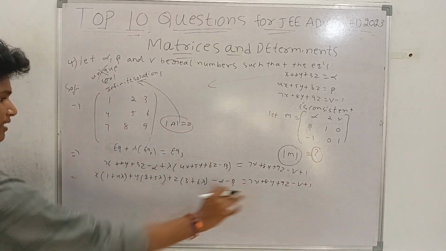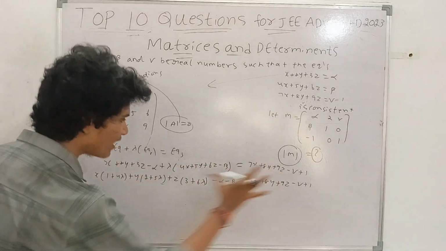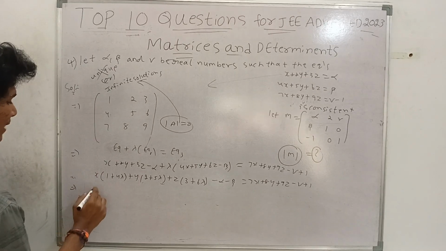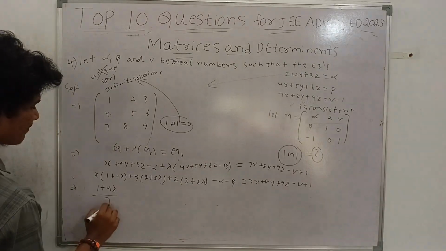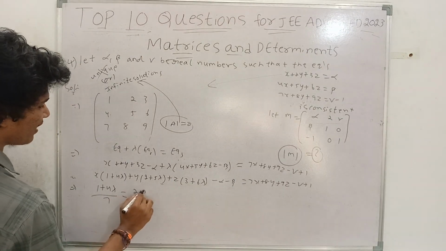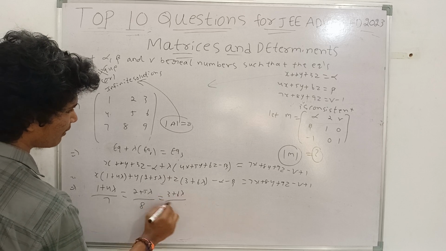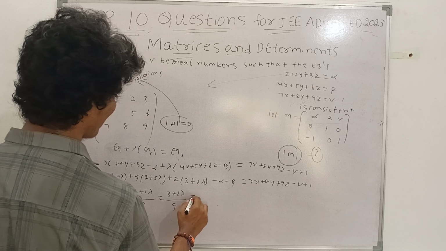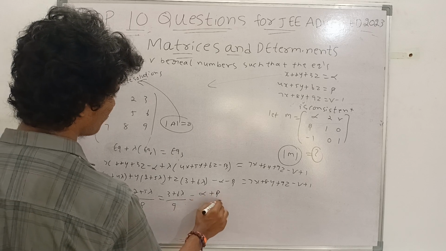When you observe this, the LHS and RHS are equivalent, so we can compare these things: 1 plus 4 lambda divided by 7, the coefficient of x, is equal to 2 plus 5 lambda divided by 8 and 3 plus 6 lambda divided by 9.